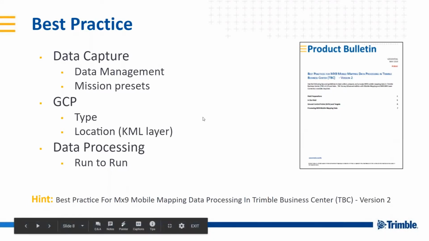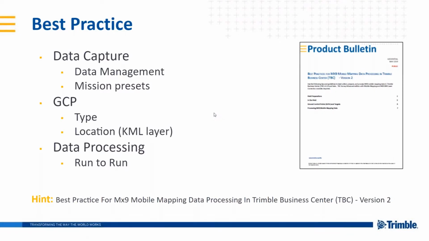For those users that have been working with TBC, this document might already be known to them. It is a well-documented best practice for mobile mapping with the mobile mapping application for MX9, specifically for data capture, pre-processing, and post-processing.